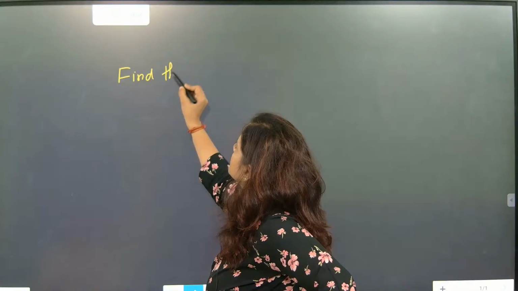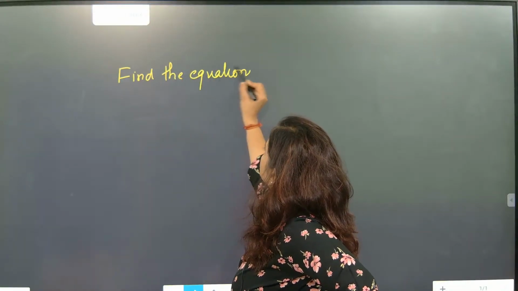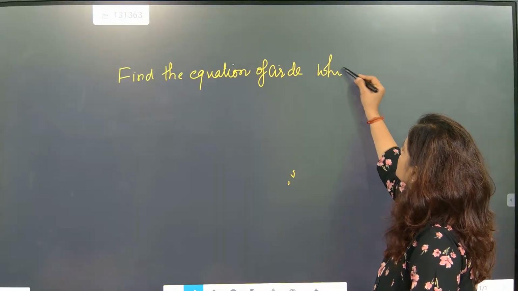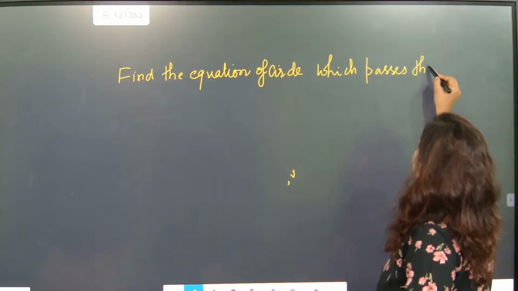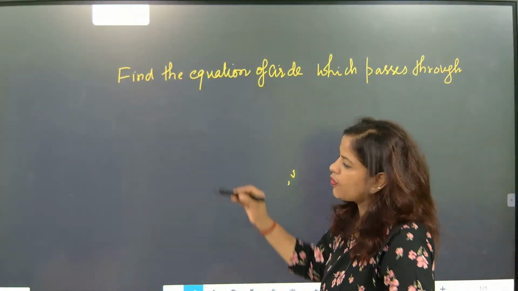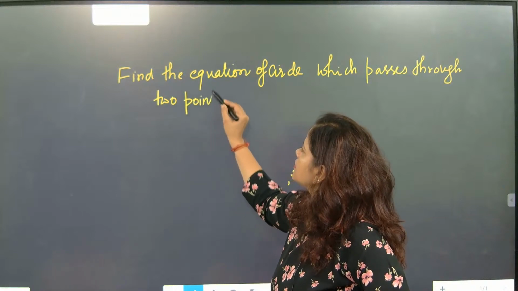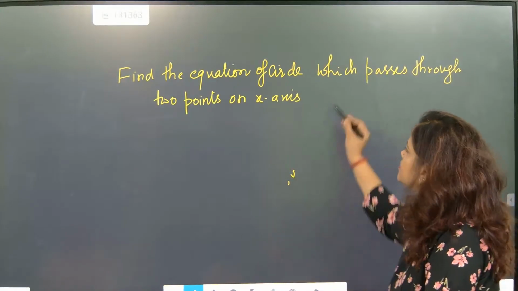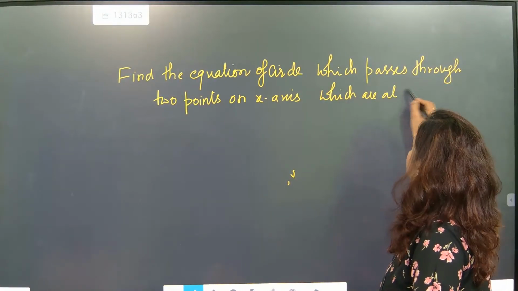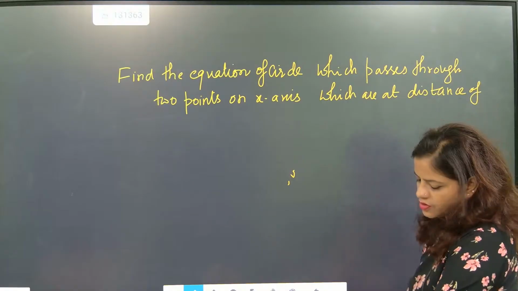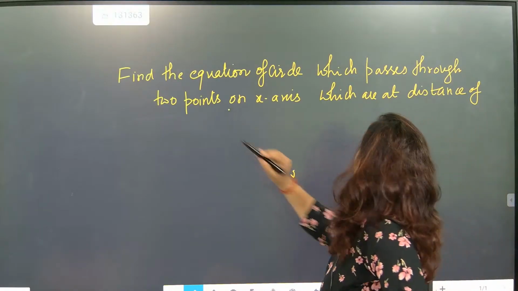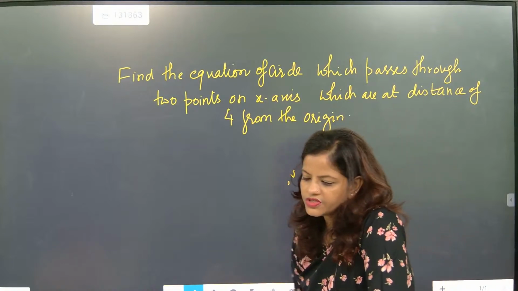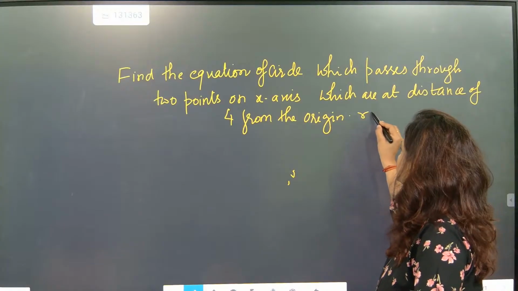Find the equation of the circle which passes through 2 points on the x-axis, which are at a distance of 4 from the origin, and whose radius is 5 units.